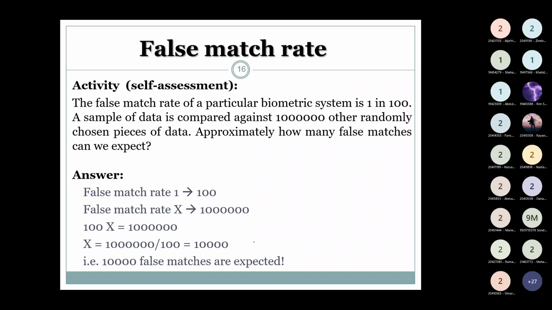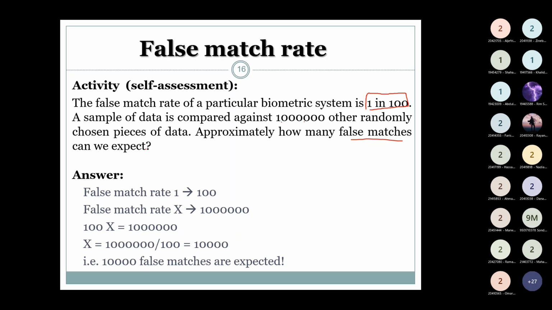The false match rate of a particular biometric system is 1 in 100. Sample data is compared against 1 million other randomly chosen pieces. Approximately how many false matches can we expect?